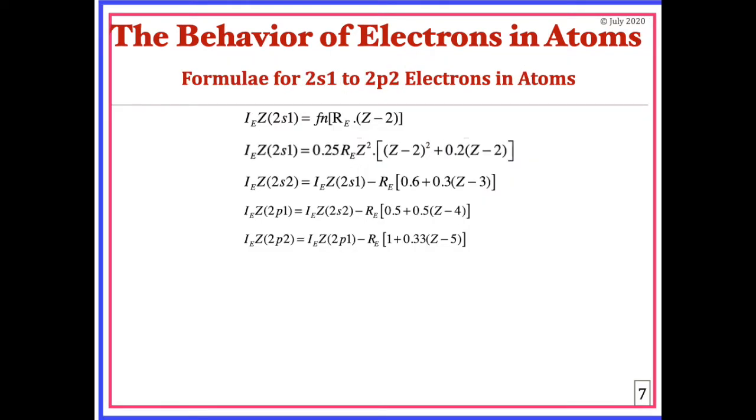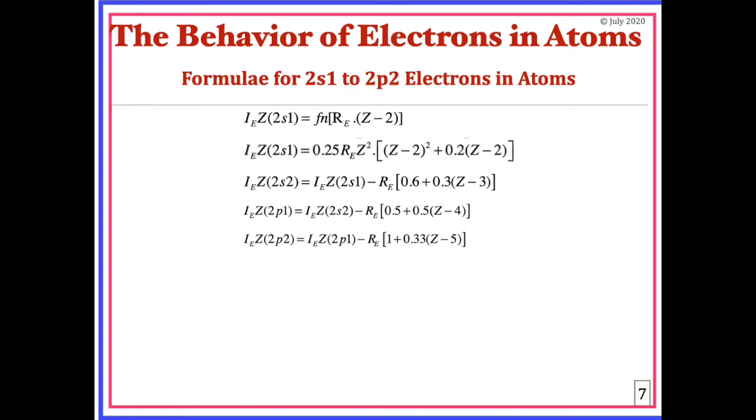We can now apply the same screening principle to other higher number electrons. The top equation suggests the binding energy for a 2s1 electron around a nucleus containing Z protons is a function of the binding energy of a nucleus with Z minus 2 protons. That includes the allowance for the two inner 1s electrons to push the other electrons out.